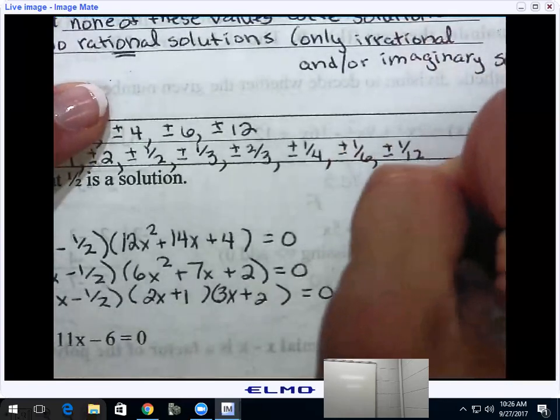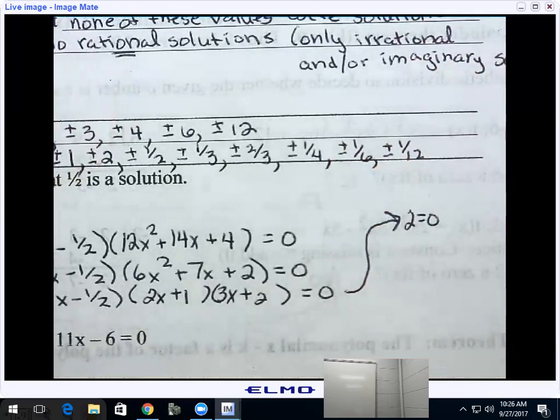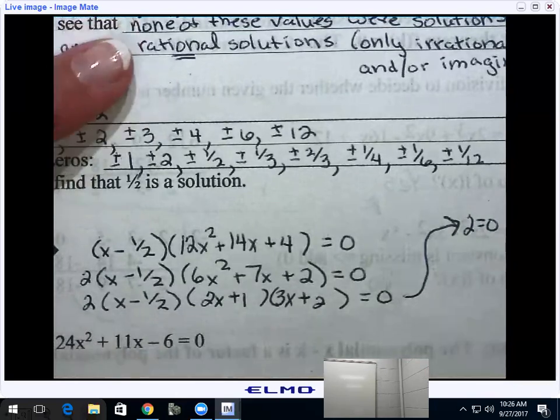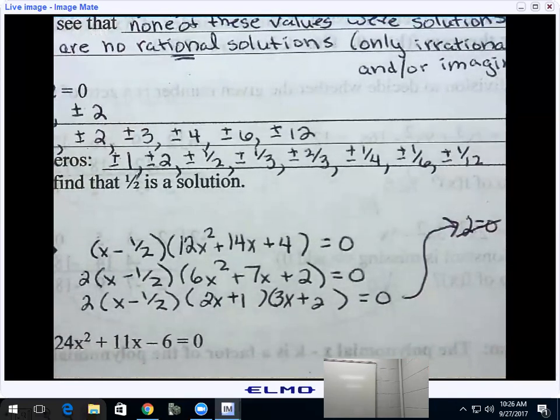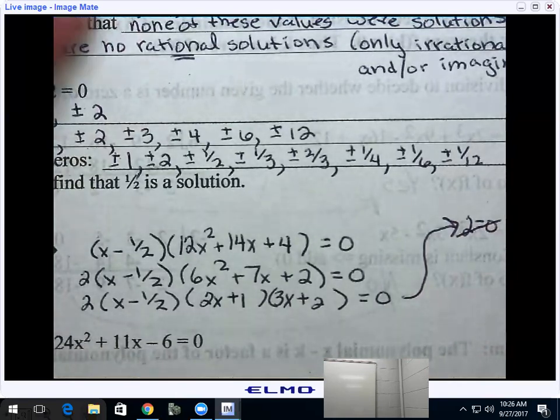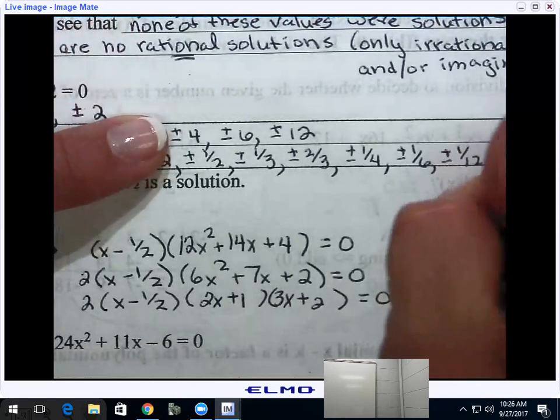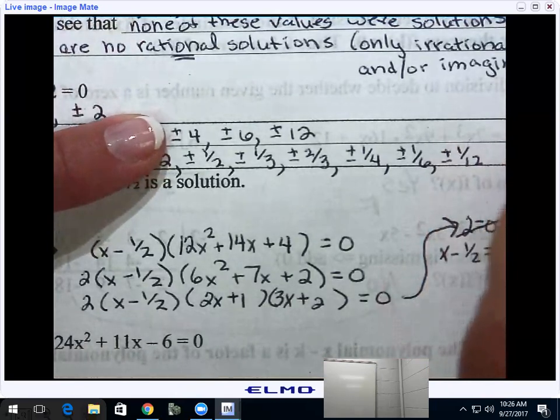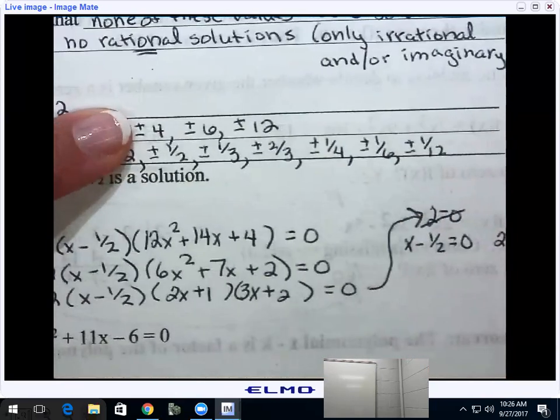Does 2 equal 0 give me a solution? No, I don't even have to write that down. 2 doesn't equal 0 no matter what x is. But I have x minus a half equals 0, or 2x plus 1 equals 0, or 3x plus 2 equals 0.